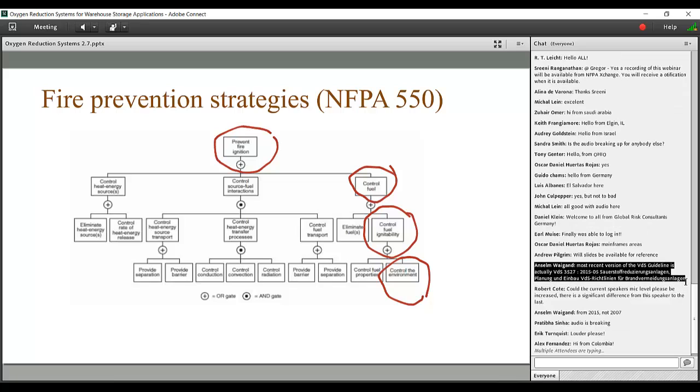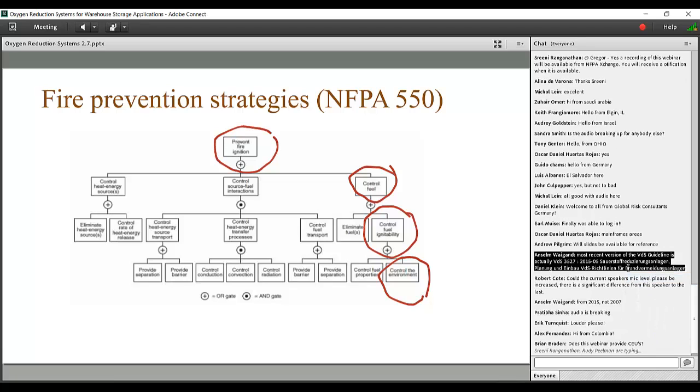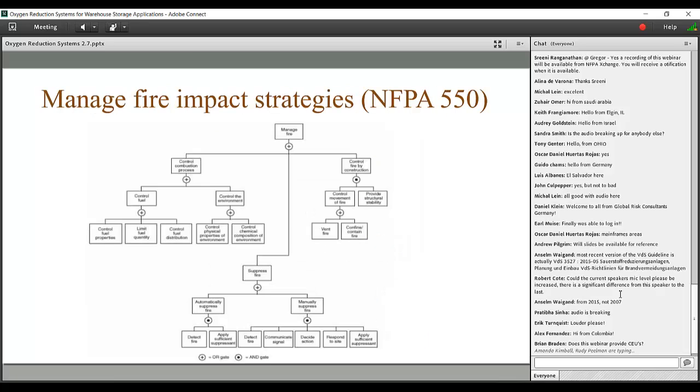This is very much in the wheelhouse of the applicability of ORS, because the intent is to reduce the oxygen level such that you can't support ignition and potentially cannot support combustion. So very clearly ORS could be a very effective prevention system within the fire safety concepts tree.